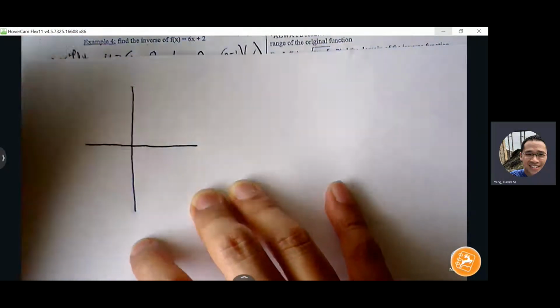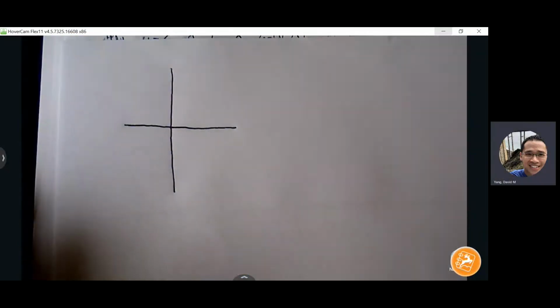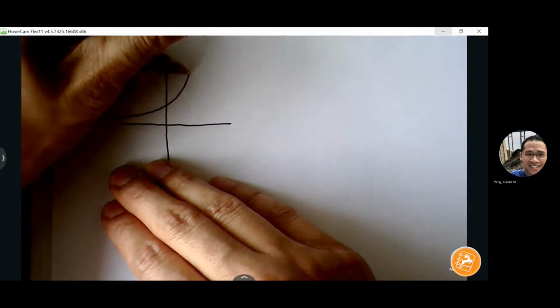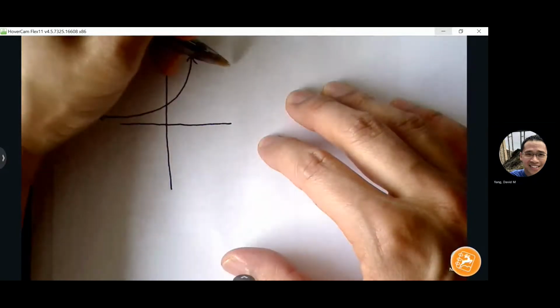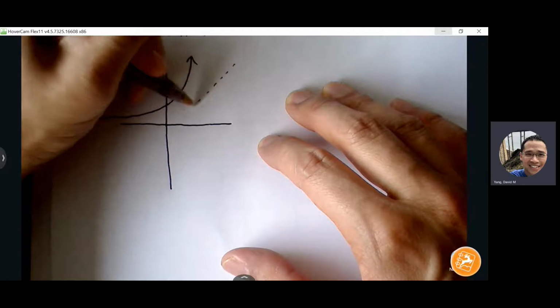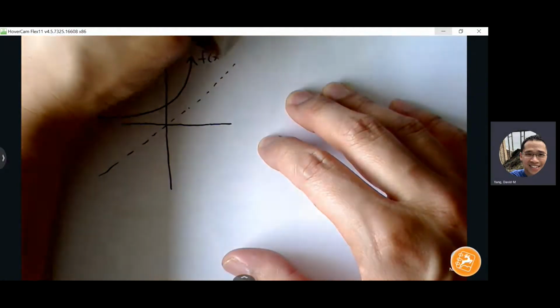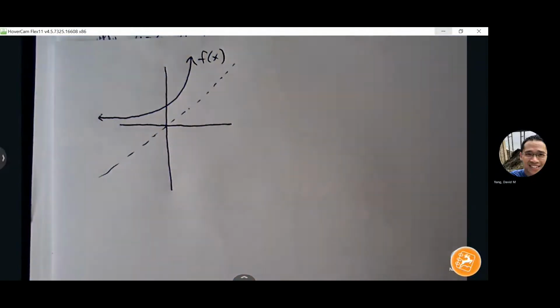So let's say we had a graph. And let's say we want to put both the function and its inverse onto the same graph. Okay, so I'm going to have us draw this graph here. There's a dividing line. Let's call this the original function. And in a different color, I'm going to draw in the inverse.